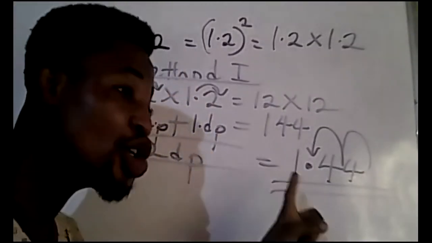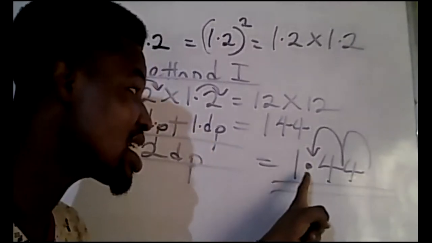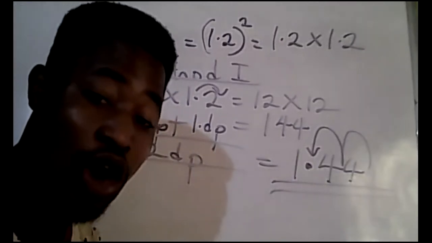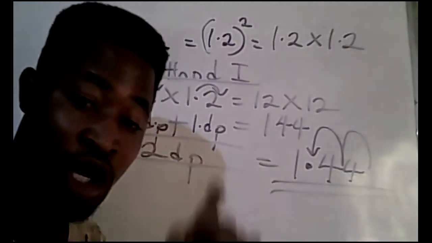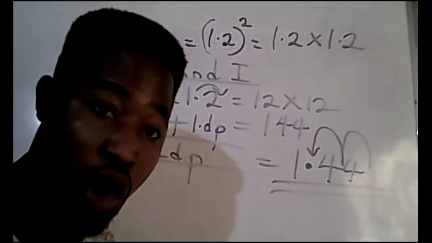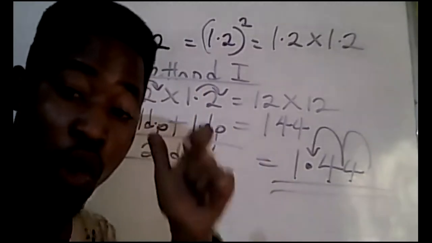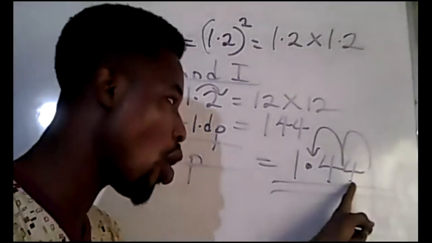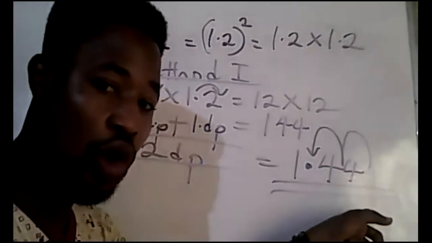Please, never make the mistake of calling this one point forty-four. It's wrong. Numbers after the decimal point are called singly. That means you call them one by one. So this is one point four four. Is that clear?